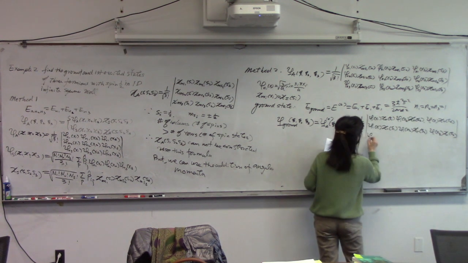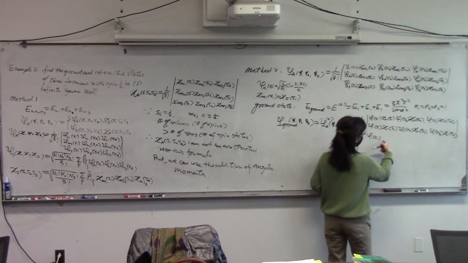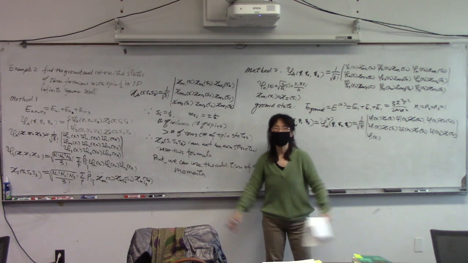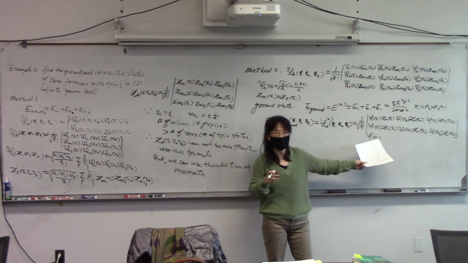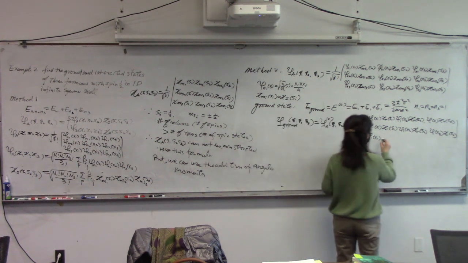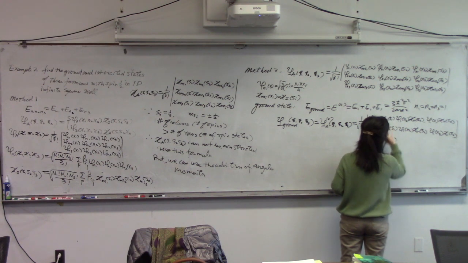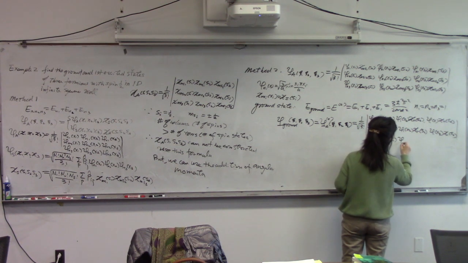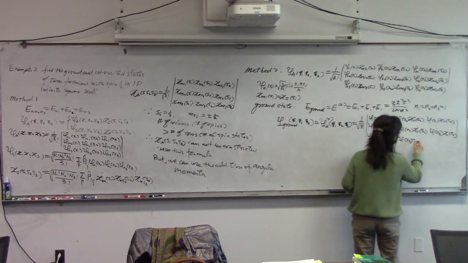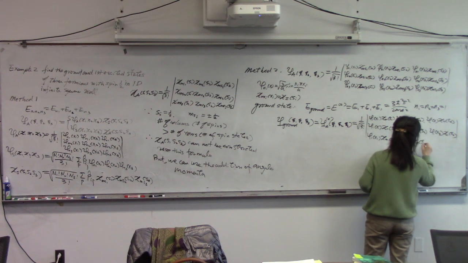The question is this one, plus minus. Whatever, only 2 choices, right? Whatever you select here, say I select the plus, I have no choice for the third spin, right? Then you will see this one is 0.